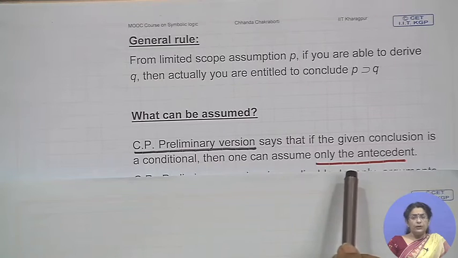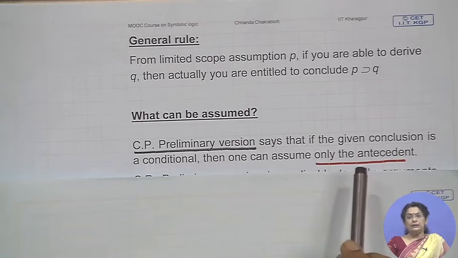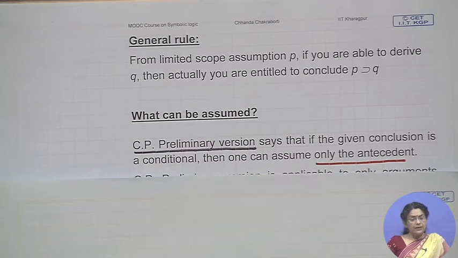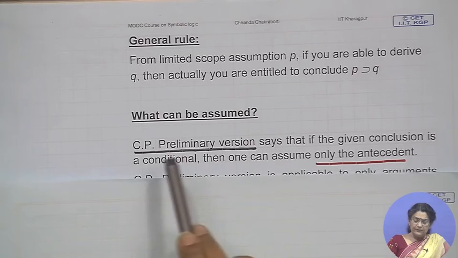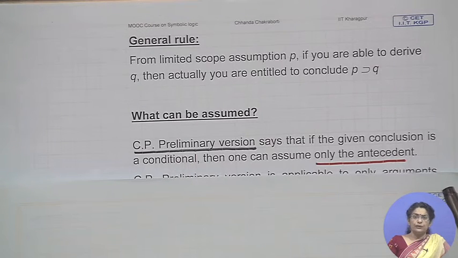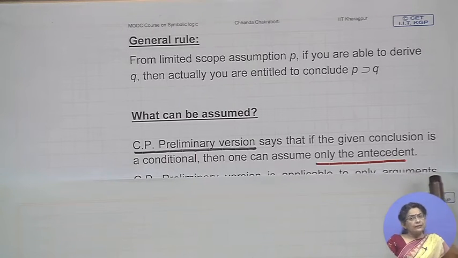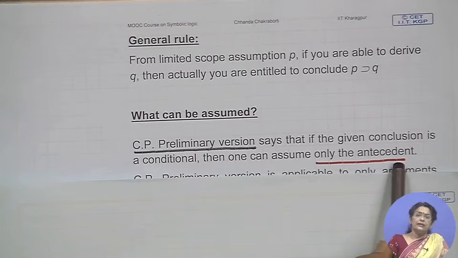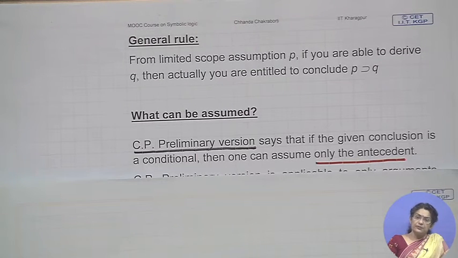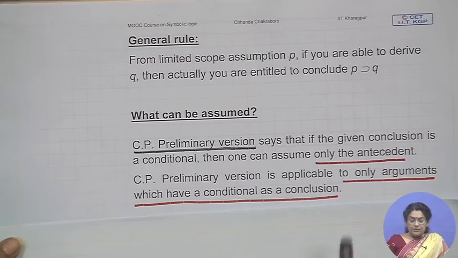So, once more, if you happen to be lucky to have an argument where the conclusion is something of the form if P then Q, then the preliminary version of CP allows you to assume only P and solve for Q. Get me? So, that would be the target for you, but this is the only kind of assumption that the preliminary version of CP will allow you to add.